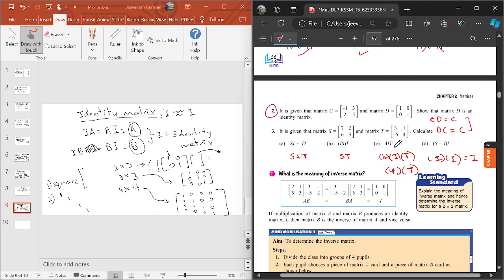And since it's a subtraction, you need to know how the I here will look. Here is T, and T is 2 by 2, so this I is 2 by 2 also. So it will be 1 0, 0 1. And then you take this and minus with this.